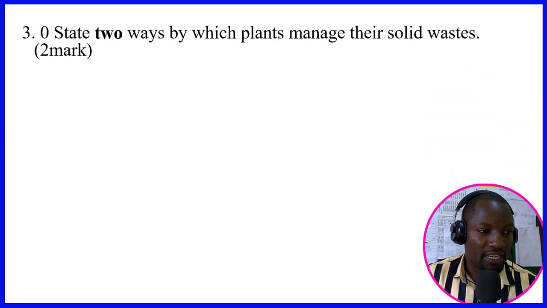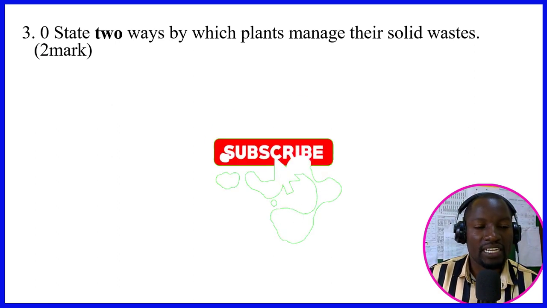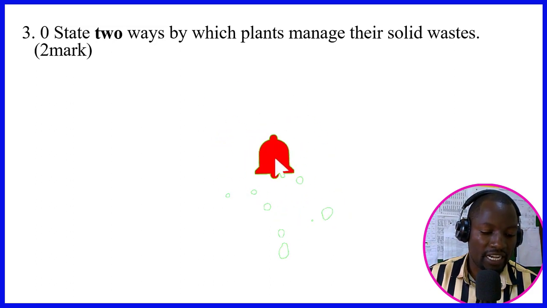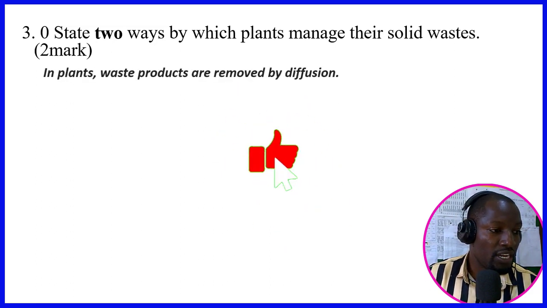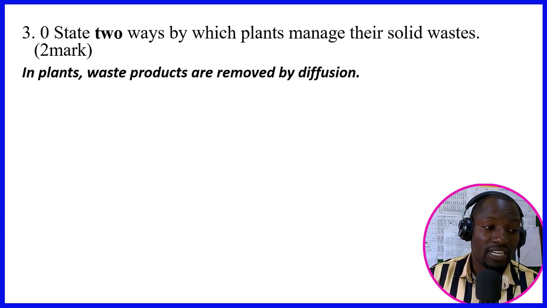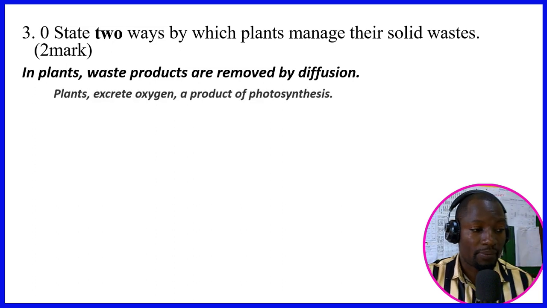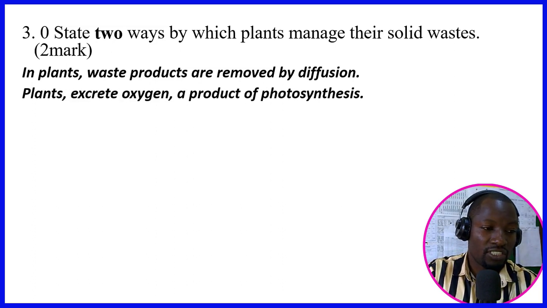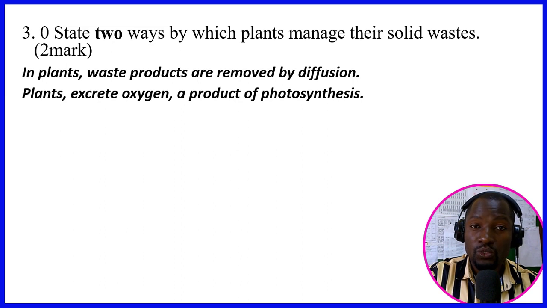State 2 ways by which plants manage their waste. I'll state more than 2. Number 1, in plants, waste products are removed by diffusion. Number 2, plants excrete oxygen as a byproduct of photosynthesis.